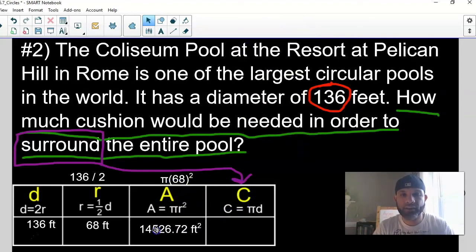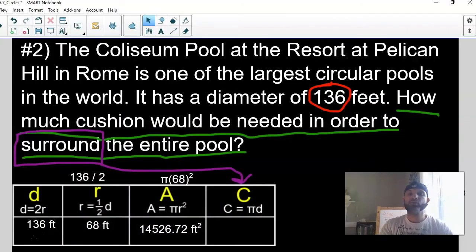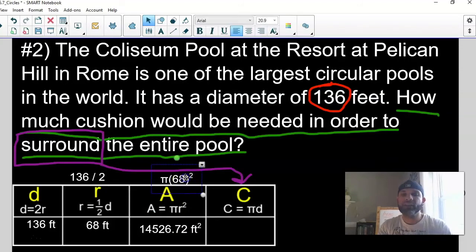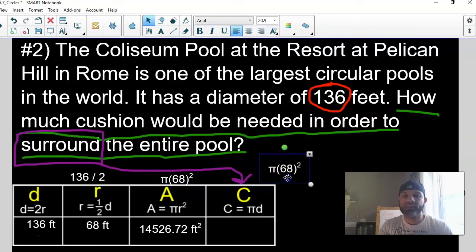Area is always squared. Let me just make sure that's correct. 14,526.72. We're good. And then finally, pi times the diameter is going to give us the circumference, and this will answer the question.